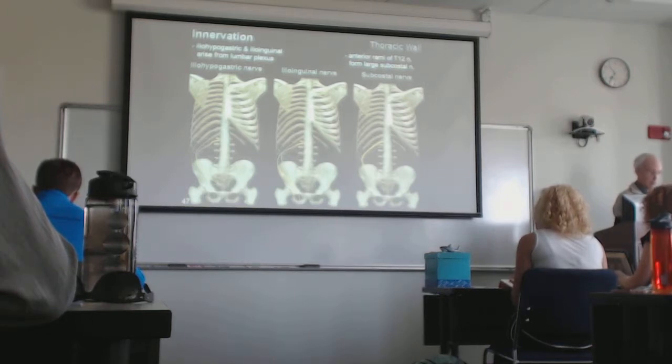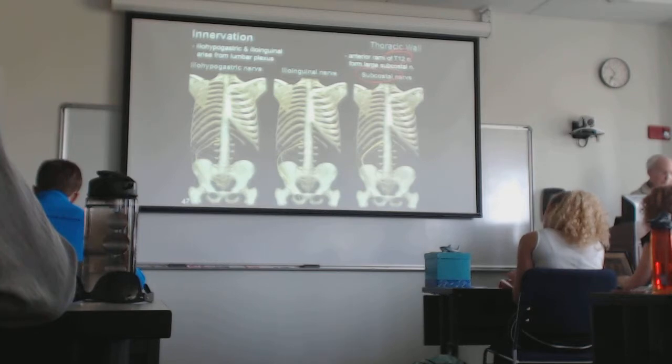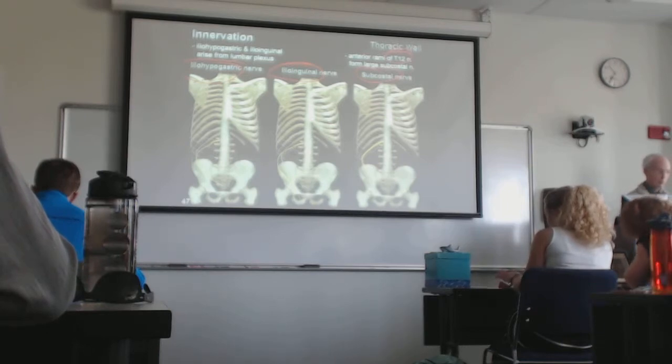So we have three of these. We have the subcostal most superiorly. You should know that it arises from T12. And then the iliohypogastric and the ilioinguinal, indicating the region of innervation, arise from the lumbar plexus.